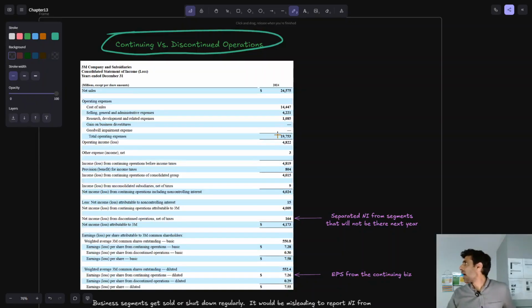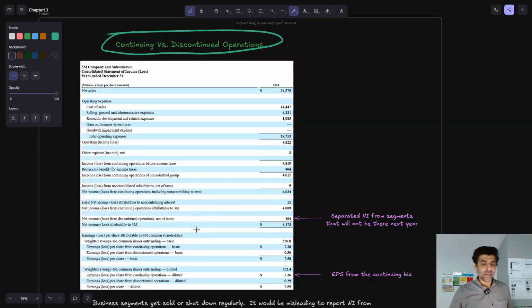And so if you're not told that, you could be misled by the financial performance, because if one quarter you have this existing segment and then it's gone in the next quarter, there will be a big drop potentially in the profit or the revenue.